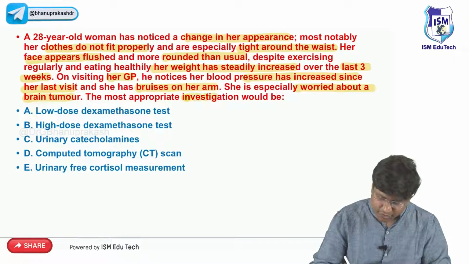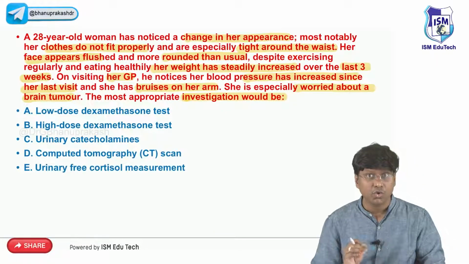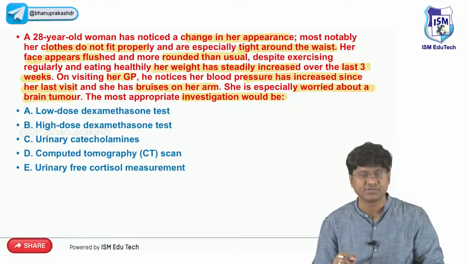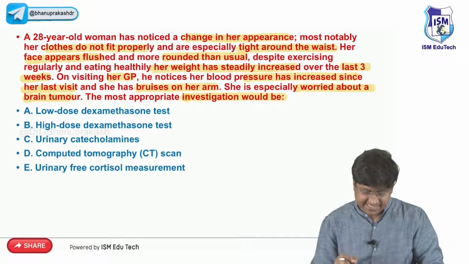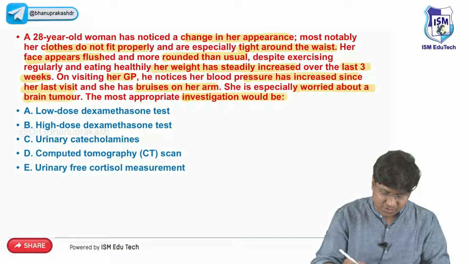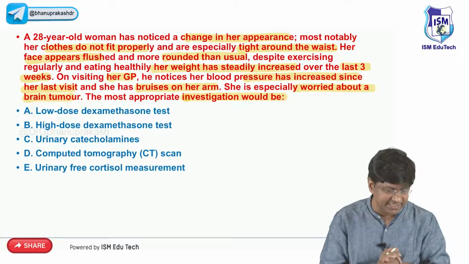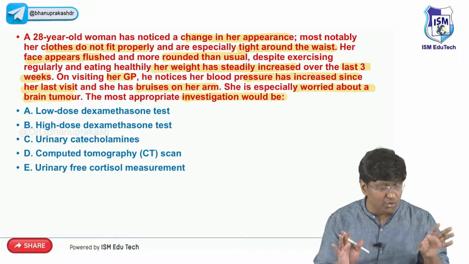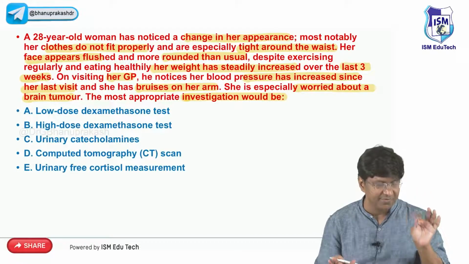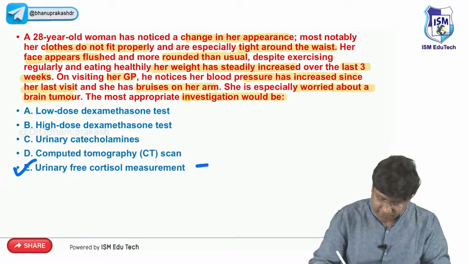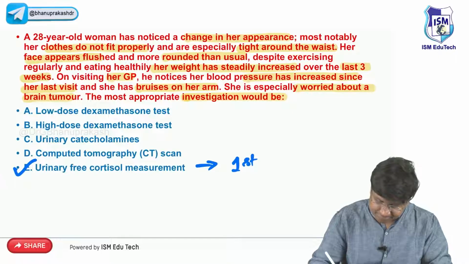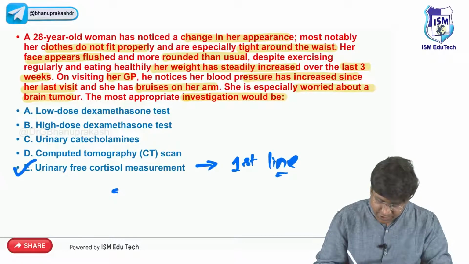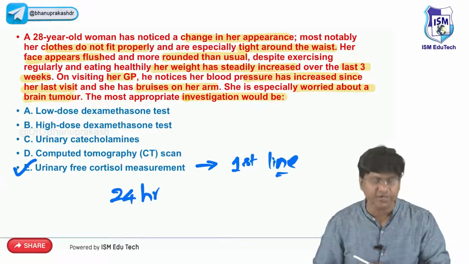The most appropriate investigation would be: low dose dexamethasone suppression test, high dose dexamethasone suppression test, urinary catecholamines, CT scan, or urinary free cortisol levels. So what do you think is the investigation of choice in these individuals? No, it is not the low dose dexamethasone suppression test. Very, very important question. The first line investigation will be the 24-hour urinary free cortisol level.